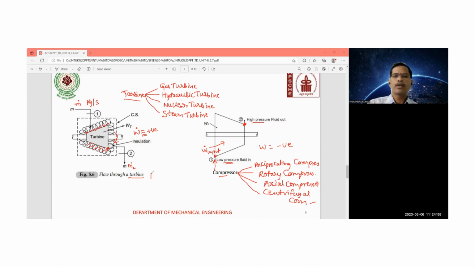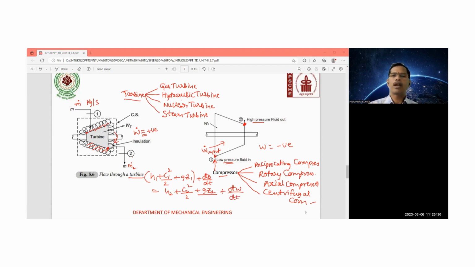So whatever the compressor or turbine may be, what is the steady flow energy equation? That is H1 plus C1 square by 2 plus gZ1, plus dQ by dt, is equal to H2 plus C2 square by 2 plus gZ2, plus dW by dt.